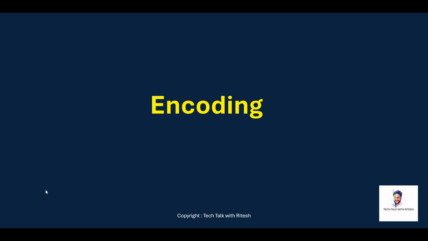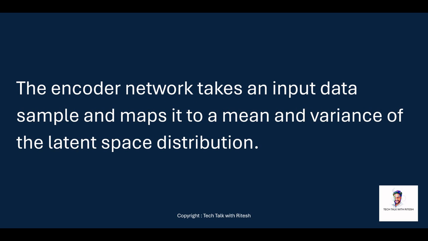So first one is encoding. The encoder network takes an input data sample and maps it to the mean and variance of the latent space distribution. So like I said, just consider latent space as a kind of recipe book or a room, right? There are so many recipes there, or if you are thinking of it as a room, just consider a point within a room, right?